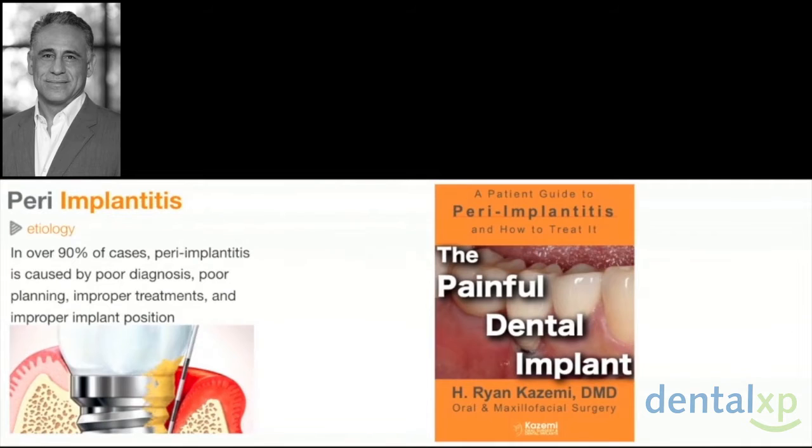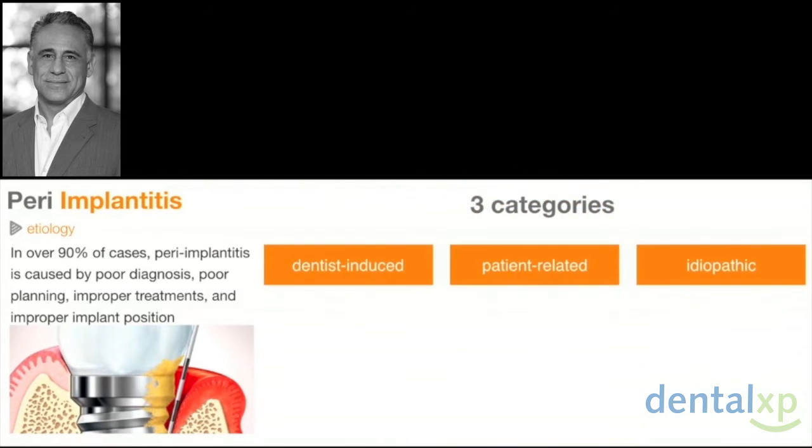When we looked at all the various complications involving peri-implantitis, it appeared that in over 90% of cases, peri-implantitis was caused by poor diagnosis, poor planning, improper treatments, and improper implant position. And we discovered that there were basically three categories of such etiologies.